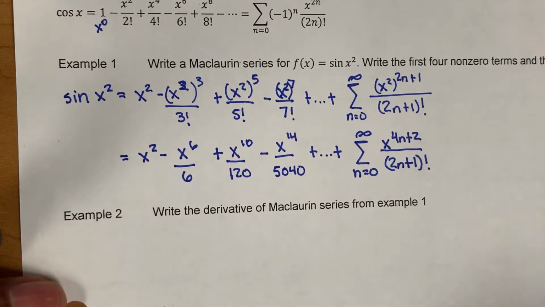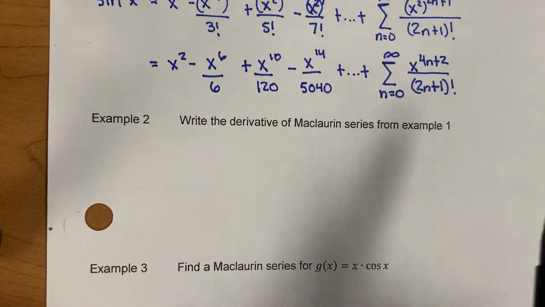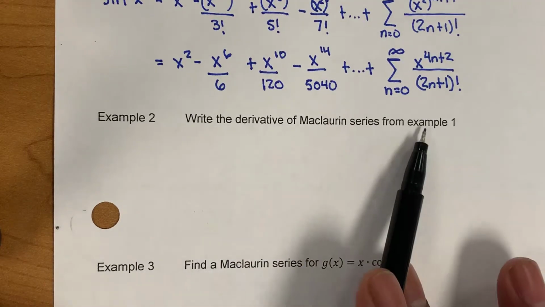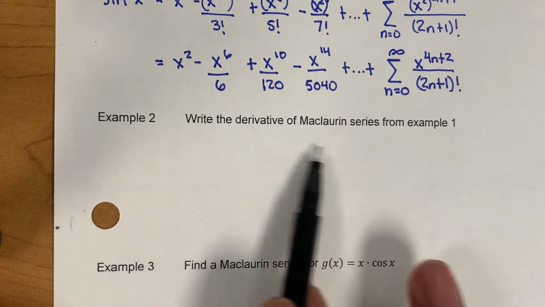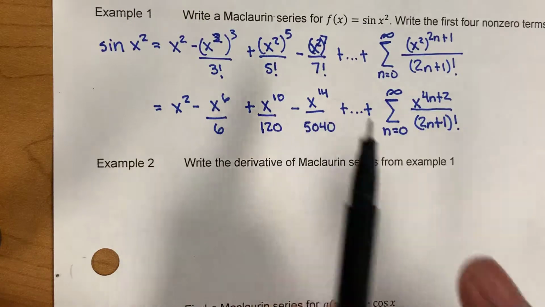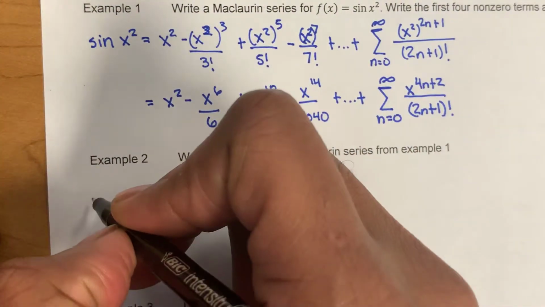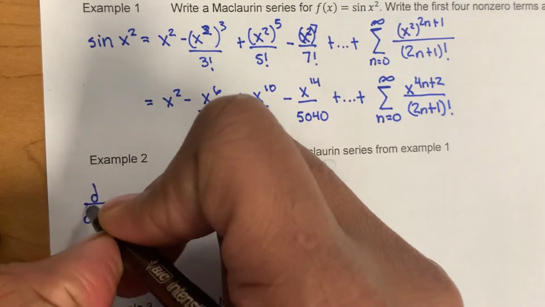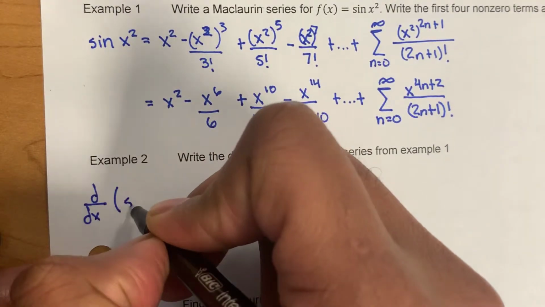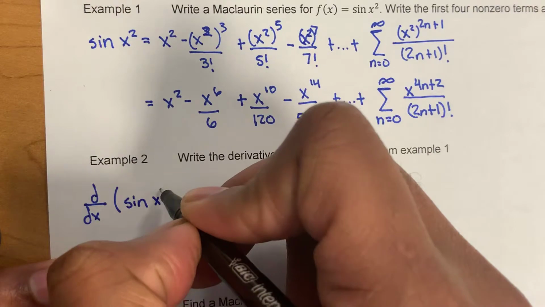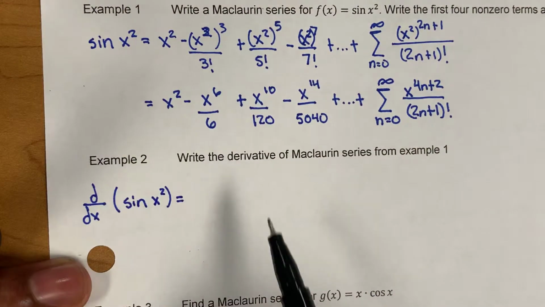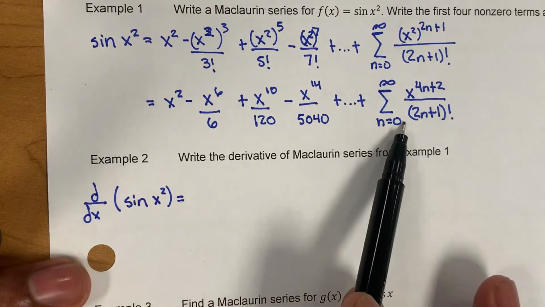So for example 2, we want to find the derivative of the series from this previous example. So we'll kind of try to leave that in view so we can do that. So we're going to have the derivative of sine x squared is going to equal the derivative of this expansion.